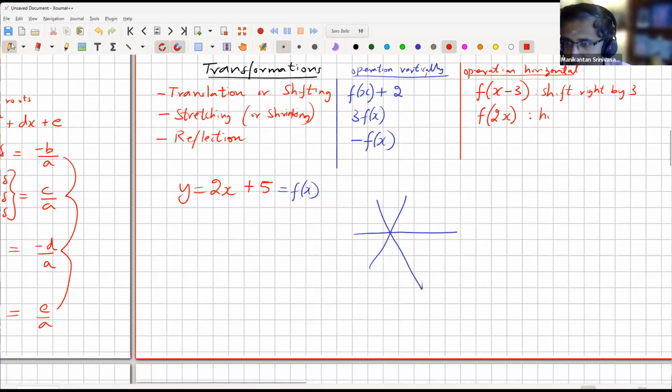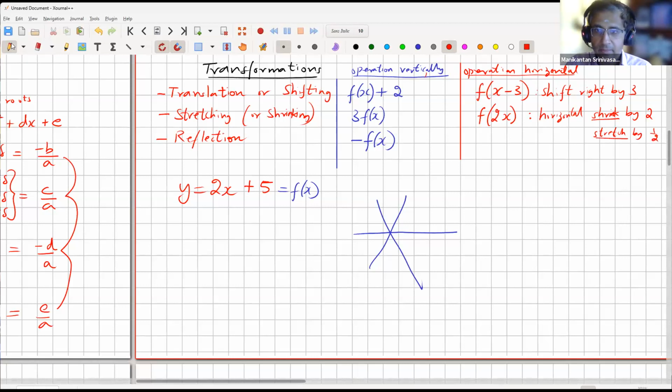So horizontal shrink by 2, or equivalently, stretch by 1/2. Meaning the graph has compressed. It's become narrower. If f of x is a certain shape, f of 2x has become narrower.